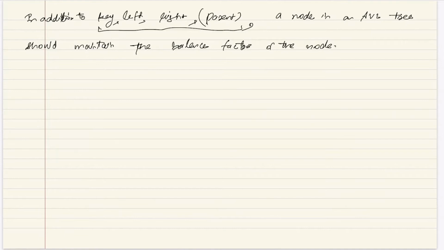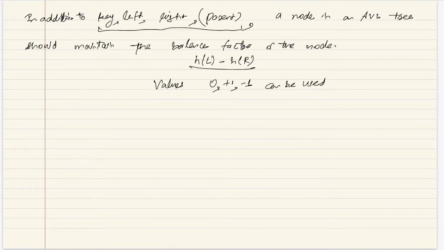What is the balance factor and how is it defined? It's simply the difference between the heights of the left and right subtrees: height of left subtree minus height of right subtree. We just maintain this for every node. What values can it take? The absolute value has to be less than or equal to 1, so the values 0, +1, -1 can be used.